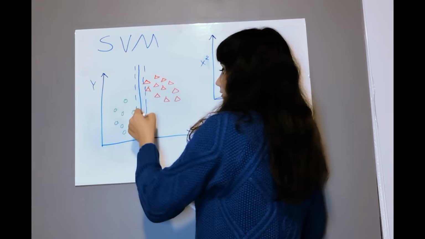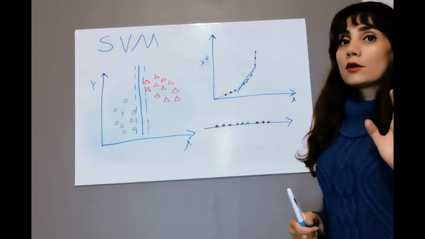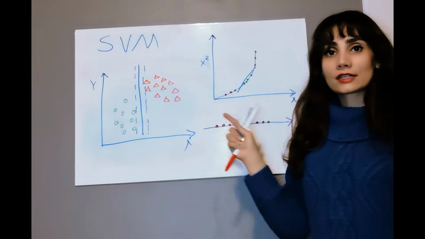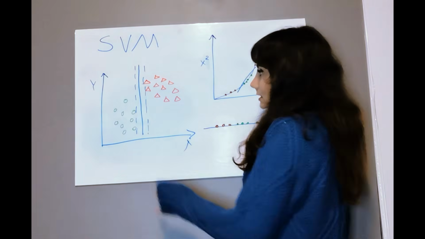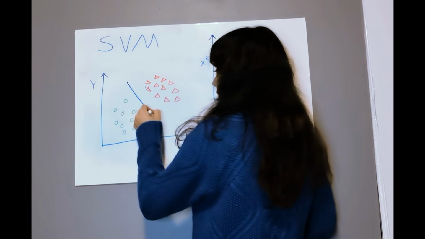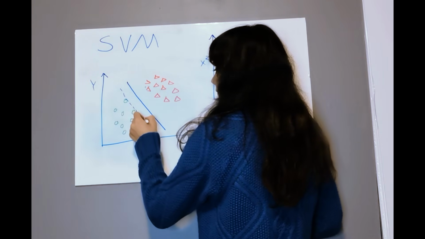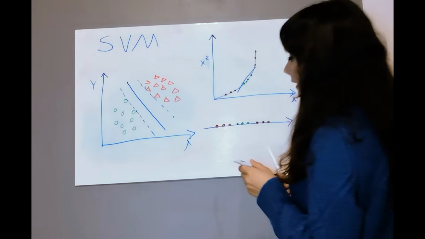Your margin lines are going to be small, and we said we want the maximum margin. So we want the maximum space between the margin lines, and the line has to be in the center. So this is not the best way, obviously. I'm going to make the line look like this. So now my margins can go all the way there.